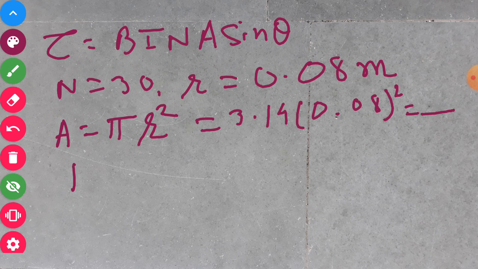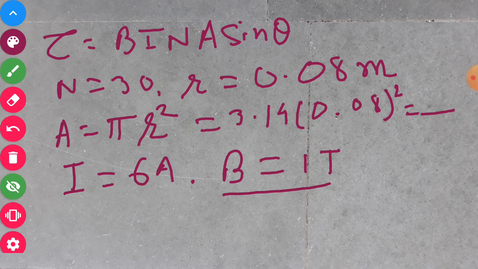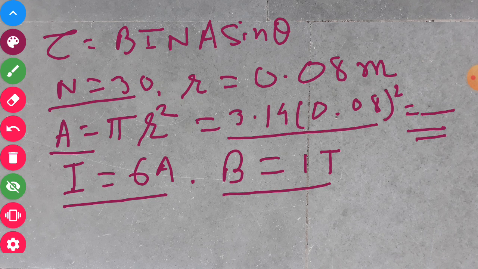Then I, that is the current flowing, is also given, it is 6 ampere. And the value of the magnetic field is 1 Tesla. Now all the values are known. B is there, I is also there, N is given as 30 turns. The area is to be calculated by you. That can be easily simplified, 3.14 into 0.08 into 0.08, that will give you the area.